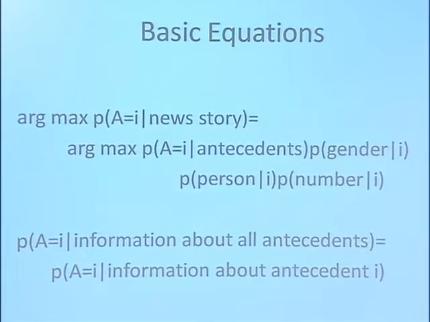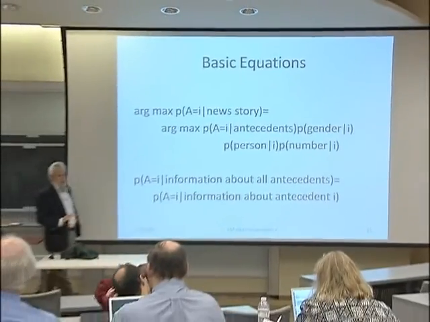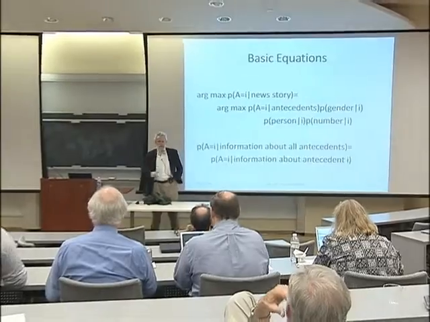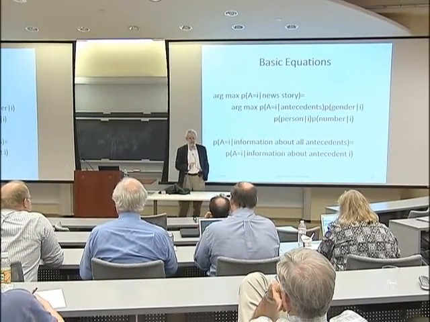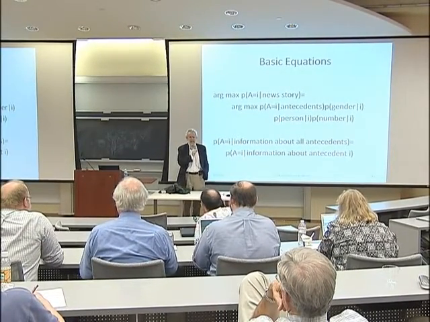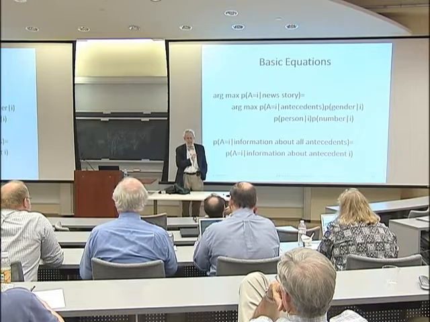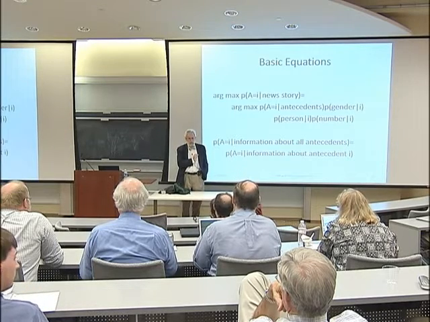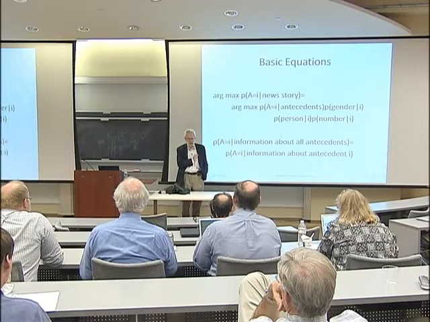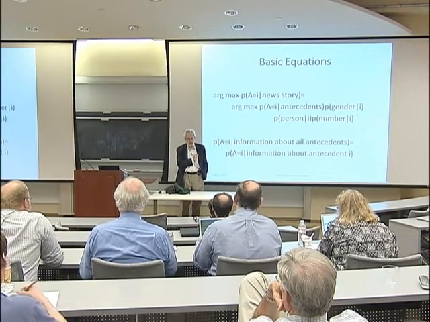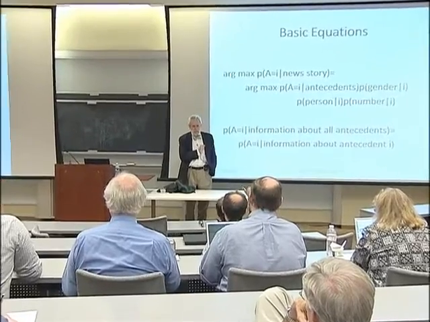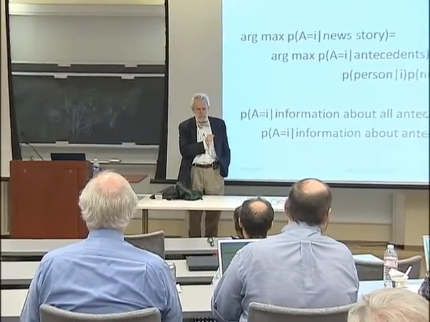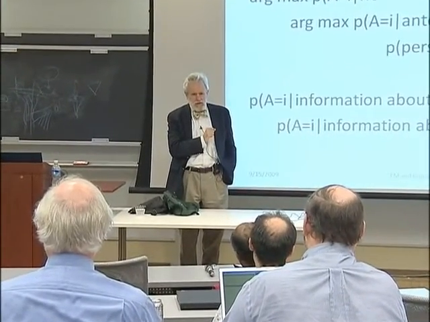I did have a question. Yes, but I wanted to make this perfectly clear. I can imagine what you're basically saying is take the universe of all potential antecedents in the universe, and there is a priori probability that any of them would be referred to by a pronoun. And given a particular set of antecedents you're seeing in a piece of text, you restrict that probability to that set.